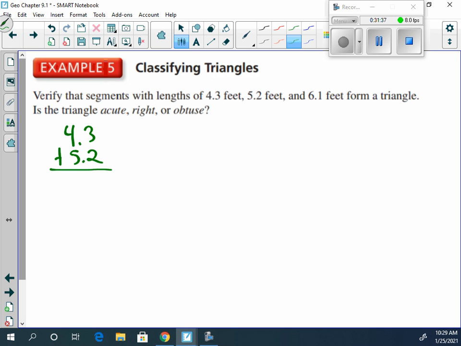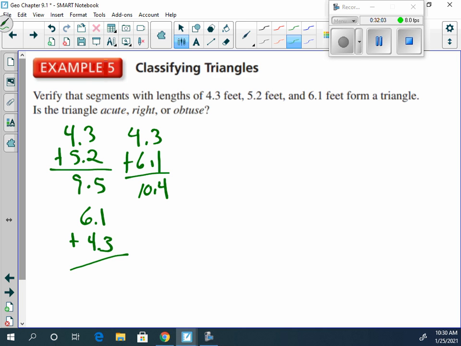If we add these together, 9.5. Is that bigger than the other side? Well, yes. So I'm going to do 4.3 plus 6.1. Well, that'll be 10.4. Is that bigger than the other side? Well, yeah, the other side is 5.2. And lastly, we would have 6.1 plus 4.3, which would give us... I did the same one again.